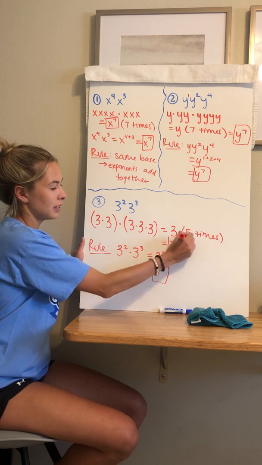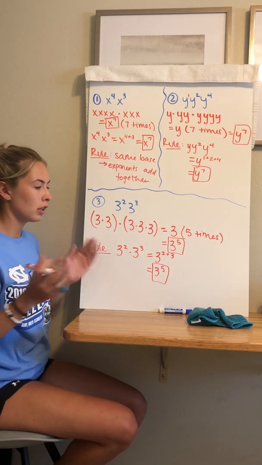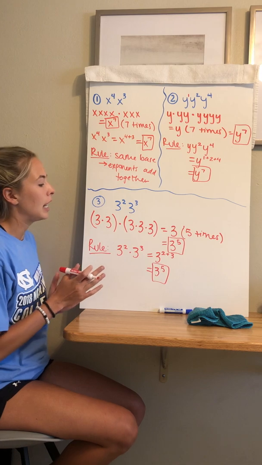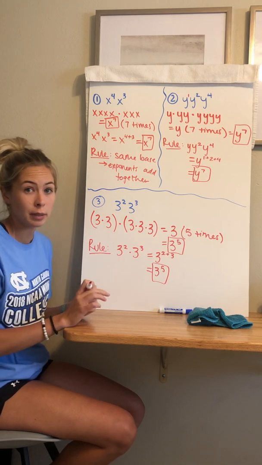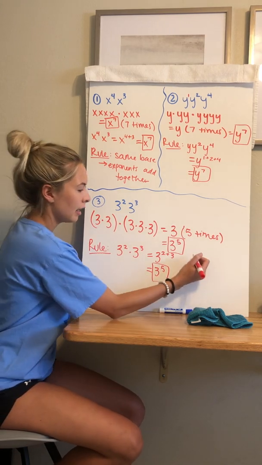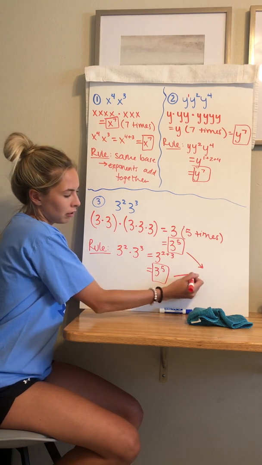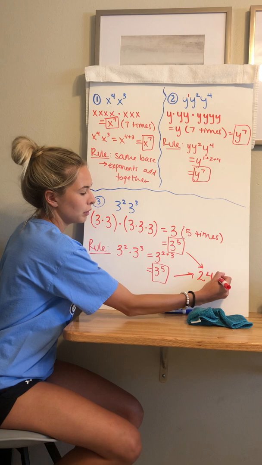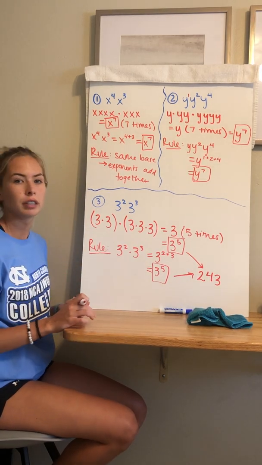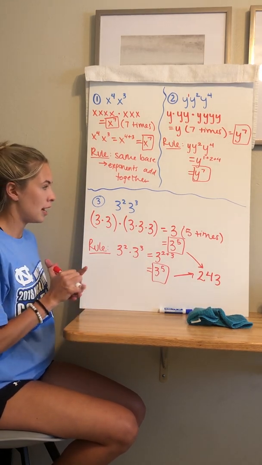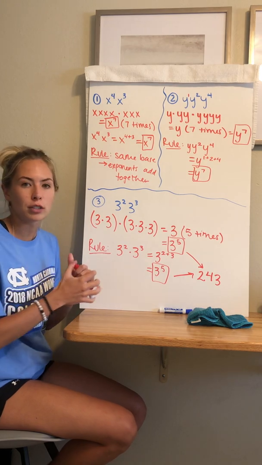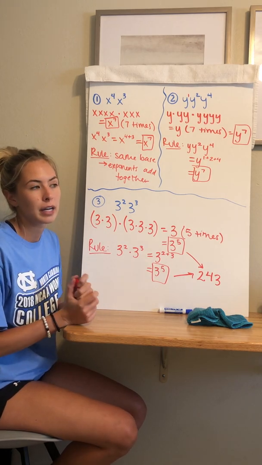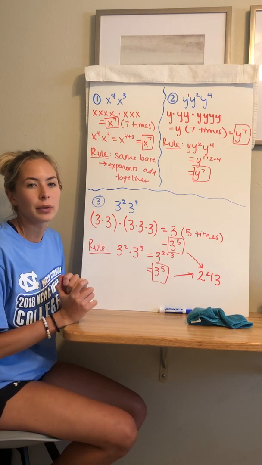Again, these match, so as long as they match up, we're doing something right. If you want to simplify this, you can use a calculator, and 3 to the 5th simplifies to 243. So this is our rule for when we are multiplying exponential expressions with the same base.